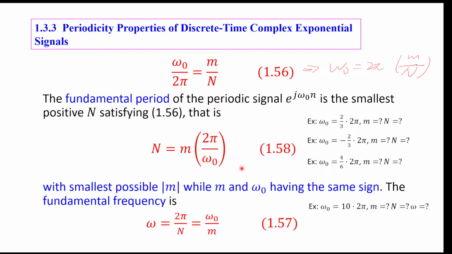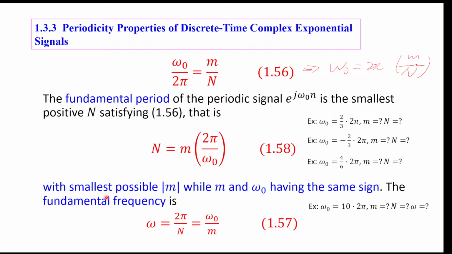So you start from omega naught, then you divide 2 pi by omega naught, then you find the smallest N such that N is a positive integer. And that's how you find the fundamental period, and then you have the fundamental frequency.